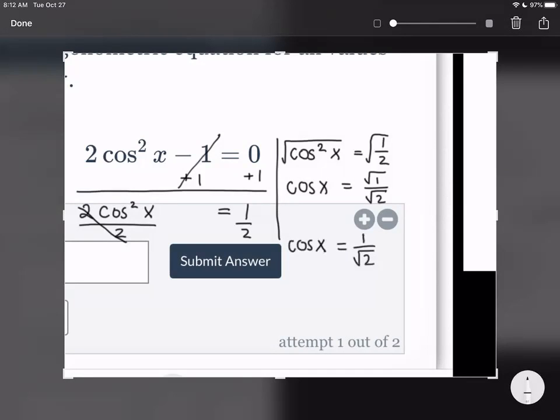We need to multiply it by radical 2 over radical 2 because we don't want radicals on the denominator. So you want to make sure you have radicals on the numerator, not the denominator of your fraction. So let's rewrite that. We got cosine x is equal to radical 2 on the top over radical 2 times radical 2, which is just radical 2 squared, which gives you a 2.